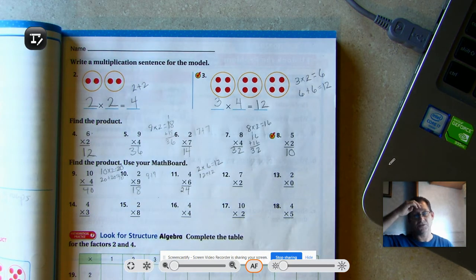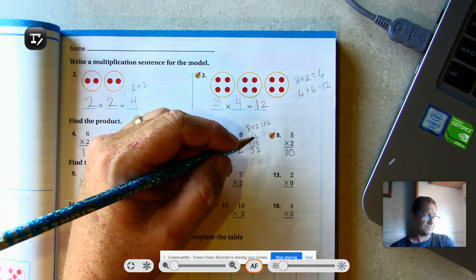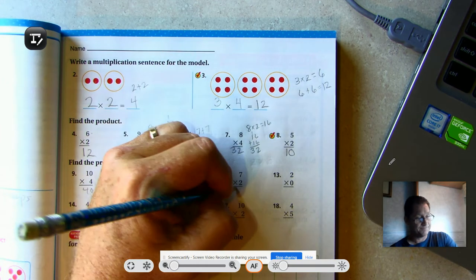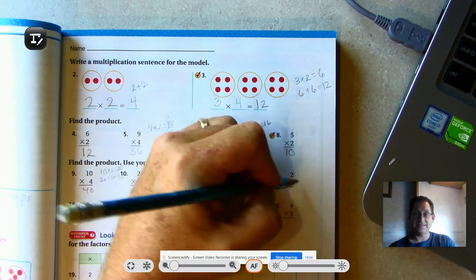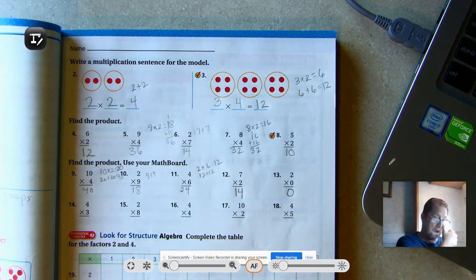So 4 times 6 is 24. 7 groups of 2, 2, 4, 6, 8, 10, 12, 14. 2 sets of 0. We know that any number times 0 is 0.